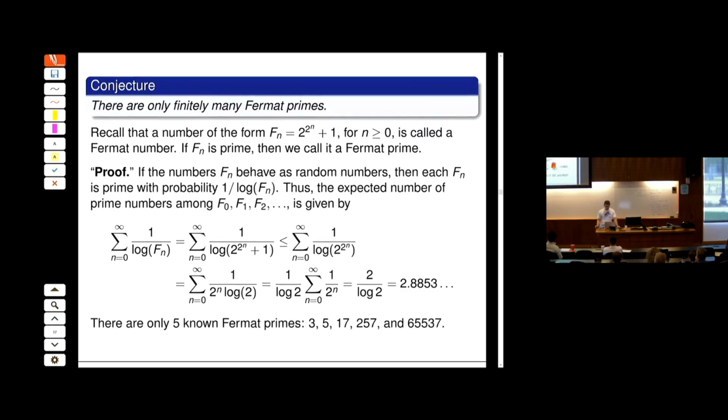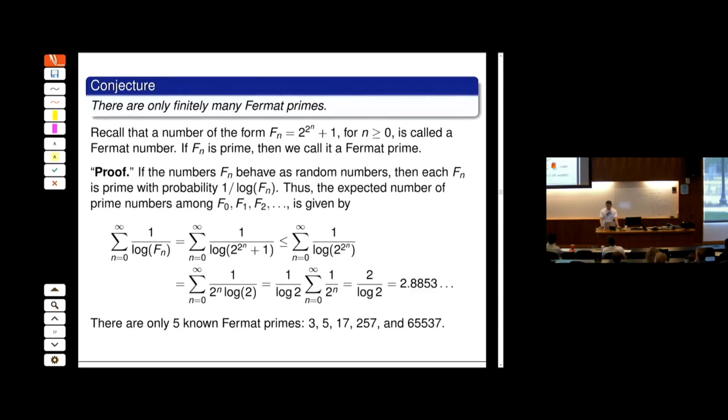The first 5 are primes: 3, 5, 17, 257, and 65,537. Those are primes, but we haven't found a single other prime, and we've gone not too far up, but a bunch have been tested, and they are not primes. So that's that.